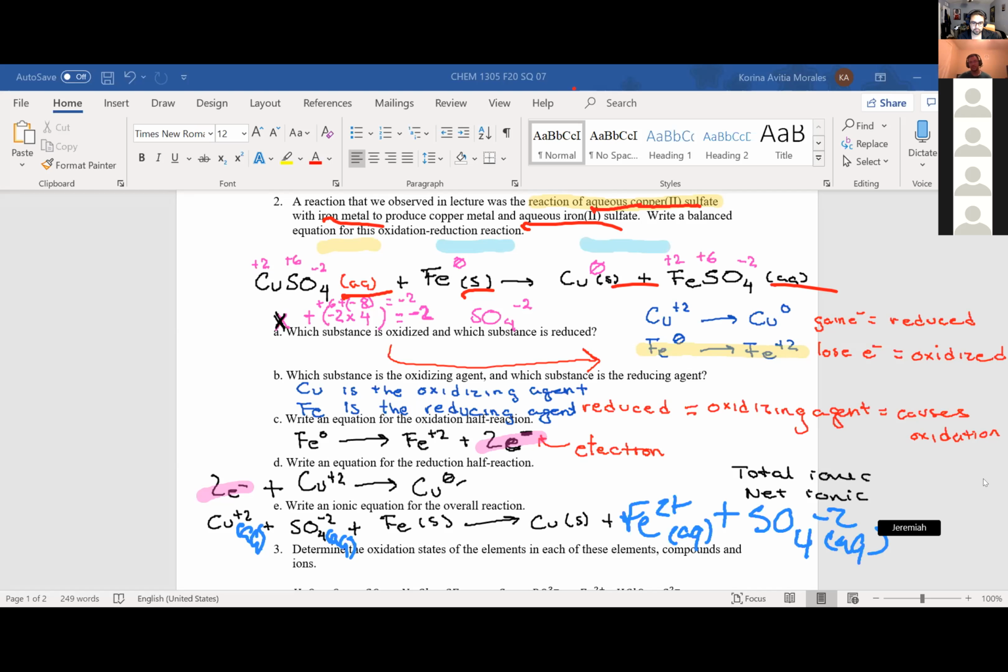Yeah, that's pretty much the only thing we deal with here. Everything's aqueous. If it's not, it's a solid. You might see gases, but it'll say, you know, aqueous, that kind of stuff.